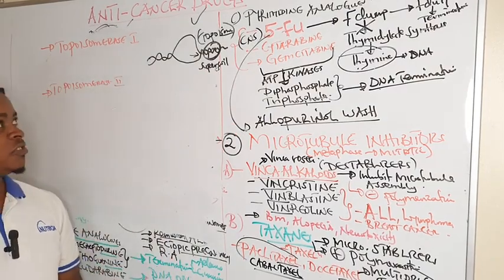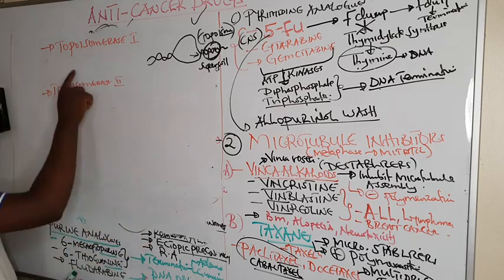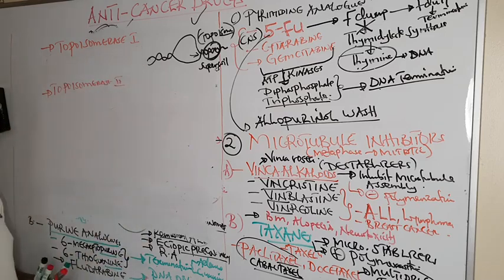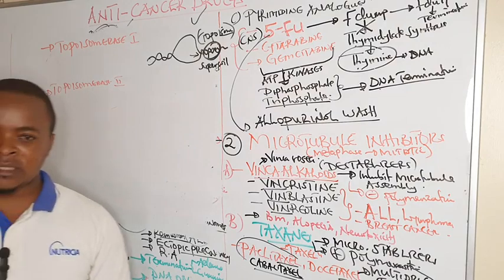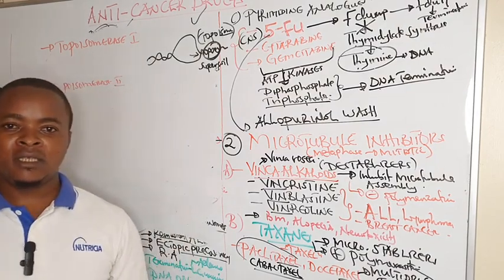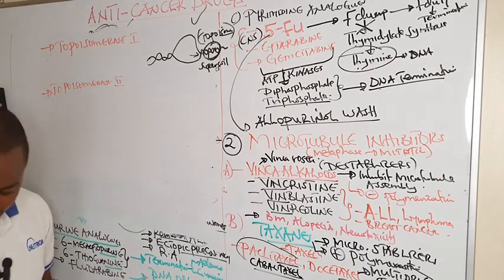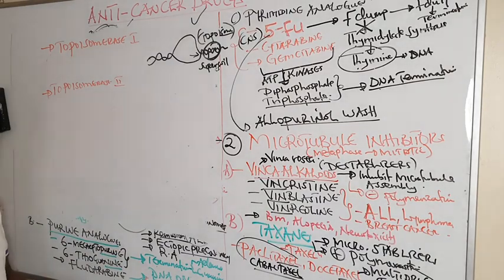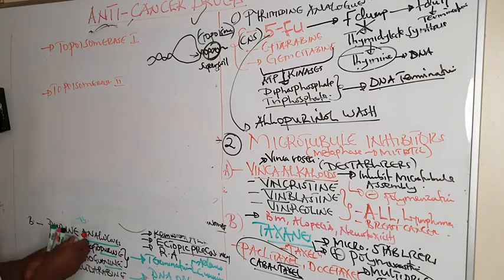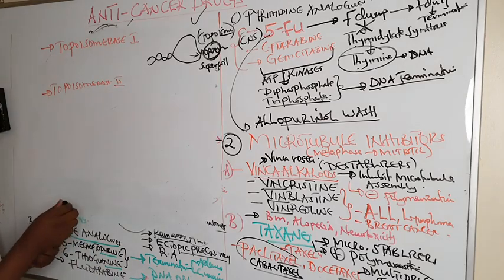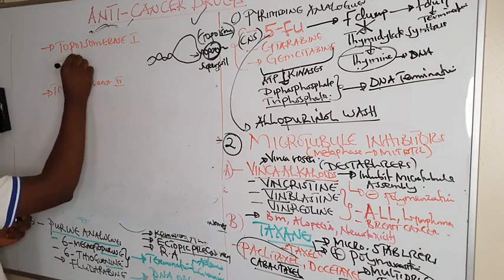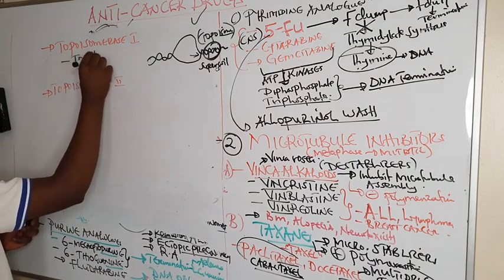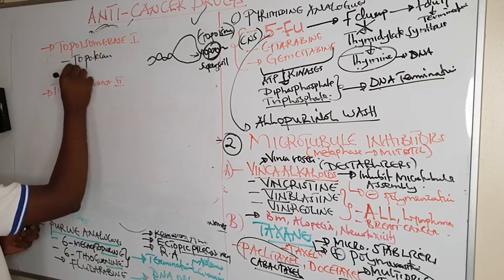That is their action. Examples of topoisomerase 1 inhibitors that we are going to see are topotecan and irinotecan.